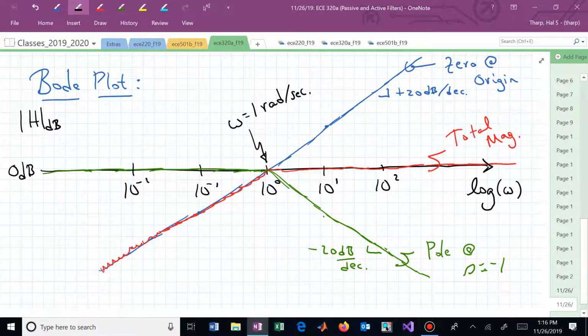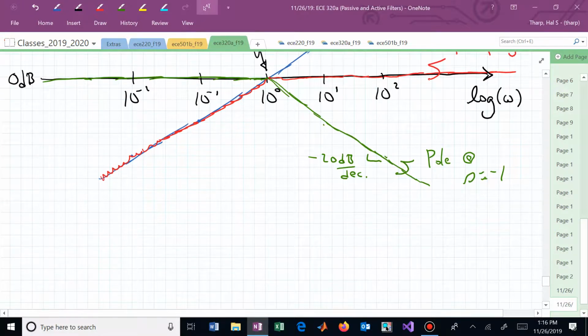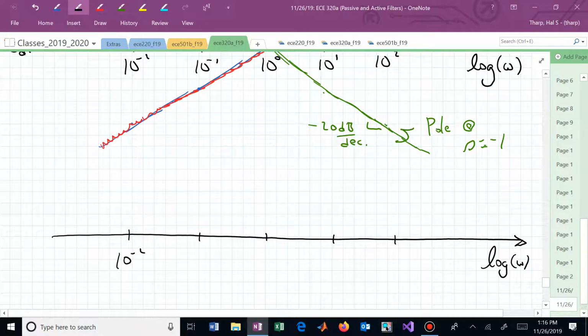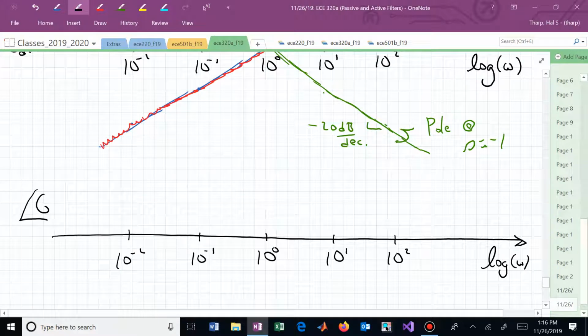That's the magnitude. Now let's draw the phase. What pieces or parts do I have now?